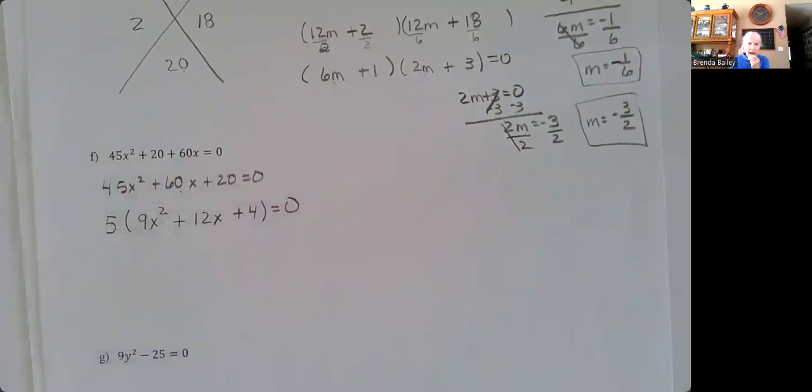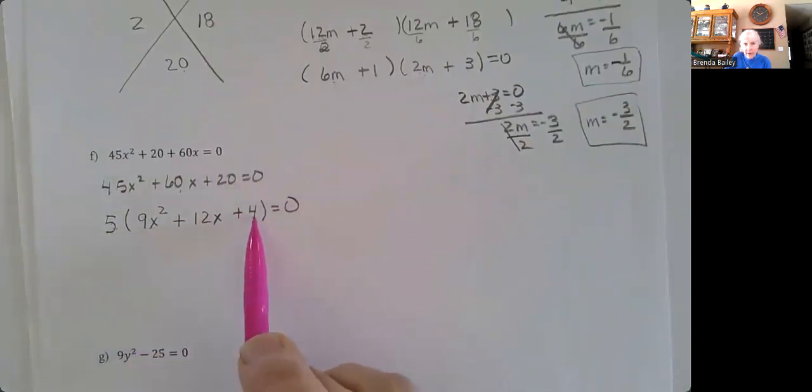Now, I'm not going to use the Xbox method. What I think I'm going to try first is I know that something times itself gives me this, and something times itself gives me this. So I'm going to see if it's a perfect square trinomial before I use the Xbox method. Sorry about that.